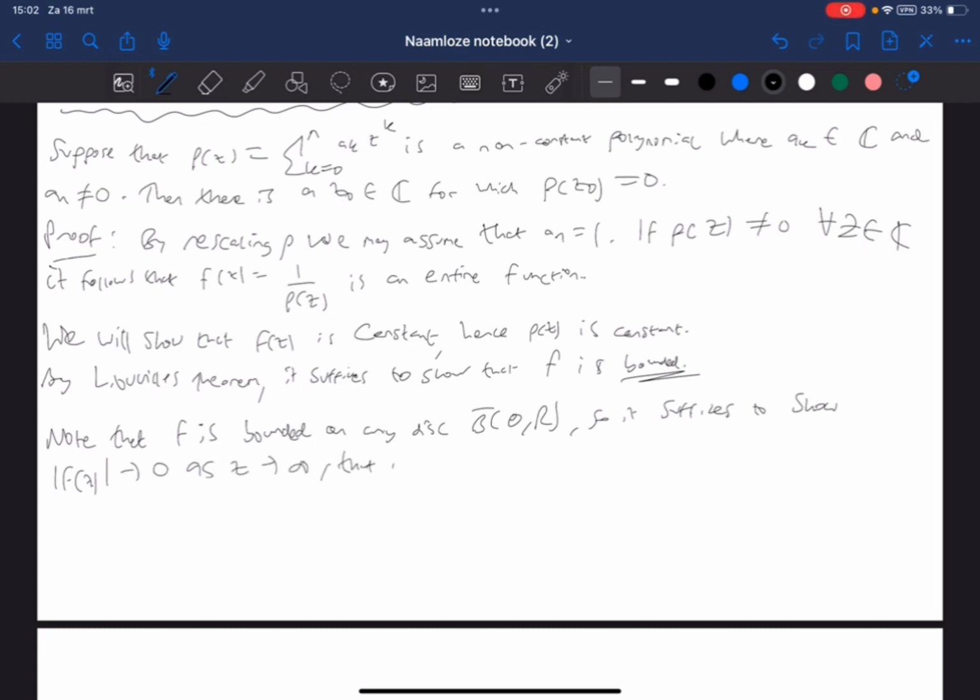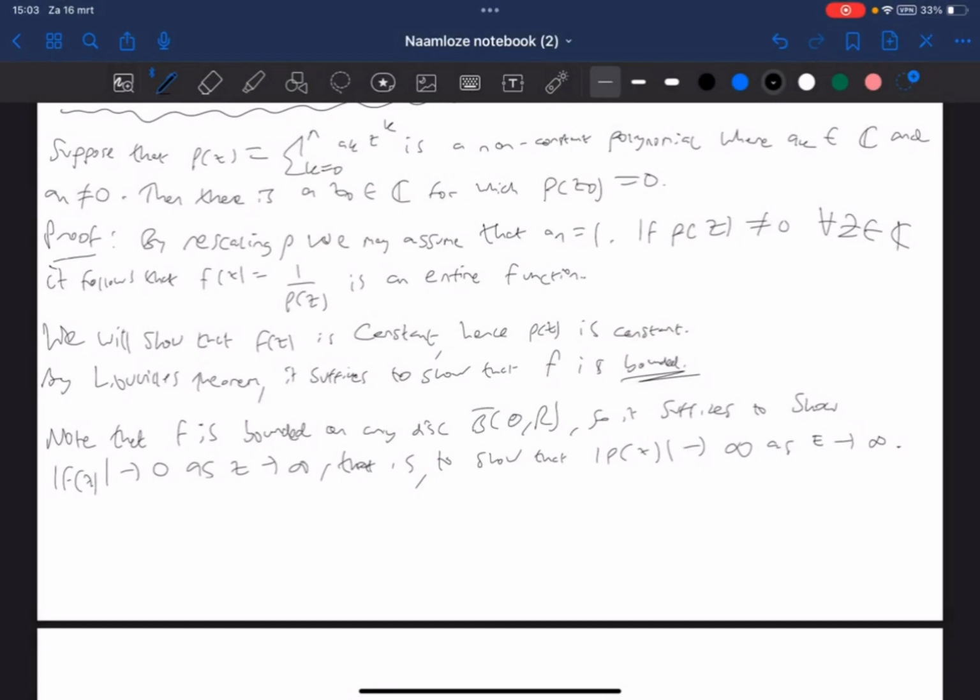That is, quite clearly, to show that the modulus of p of z will also tend to infinity as z tends off to infinity.